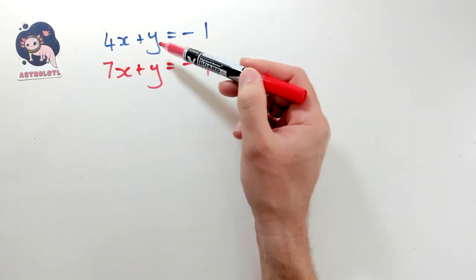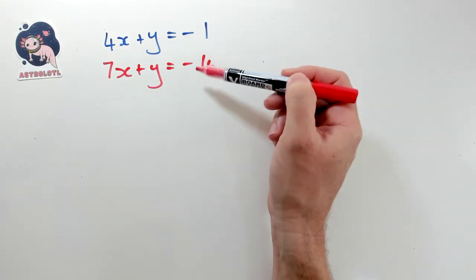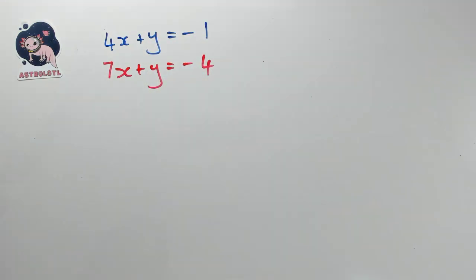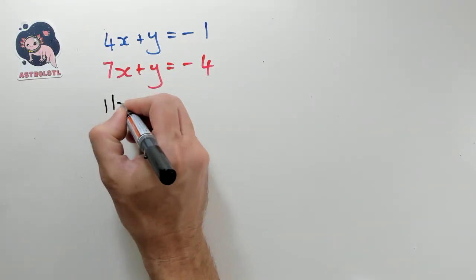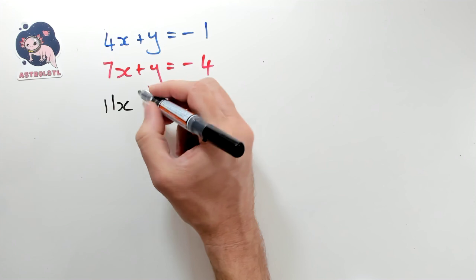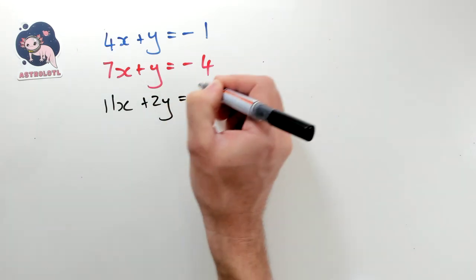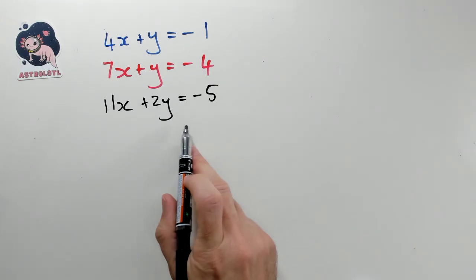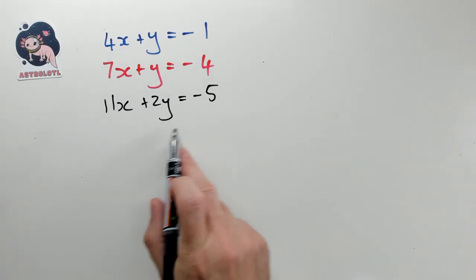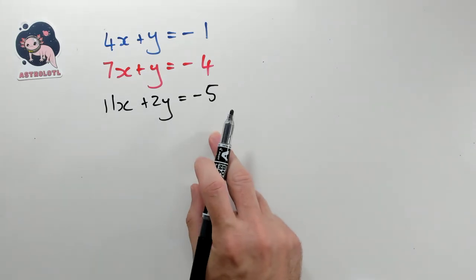We have the x's lining up, the y's lining up, and the constants. But we have a bit of a problem. If I were to add these two, 4 plus 7, I'd get 11x, and a y plus another y gives plus 2y, and this would give negative 5. This is not really helping me because I didn't eliminate any of the variables.